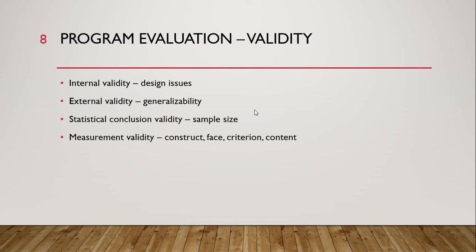Statistical conclusion validity: how big of a sample of inmates do we need to draw in order to derive findings that are supportable, right? That we have findings that are accurate and not due to sampling problems.